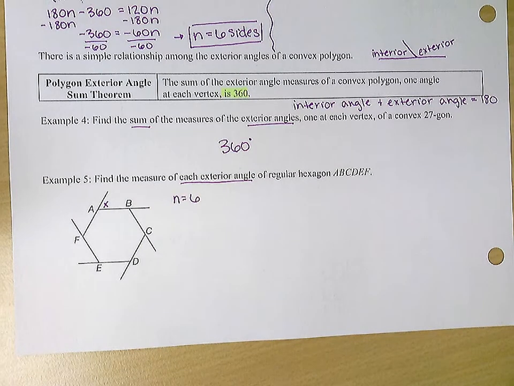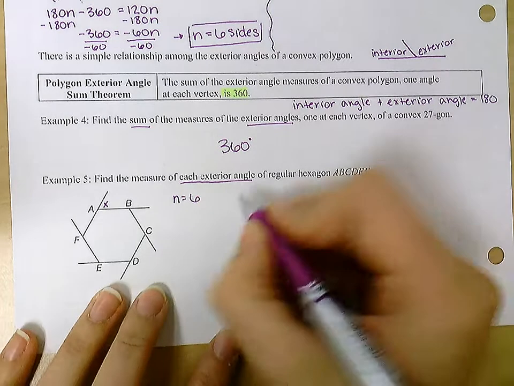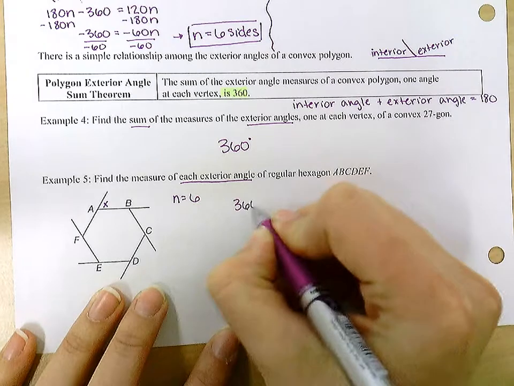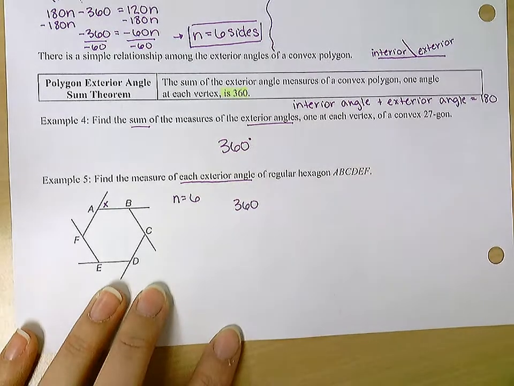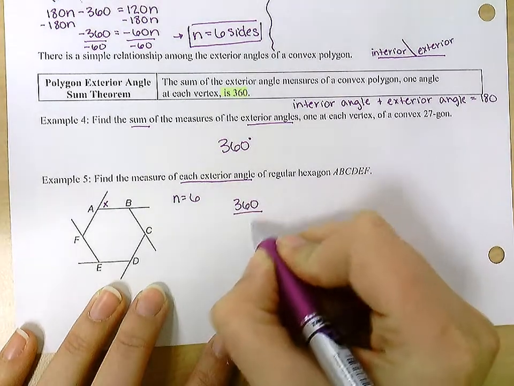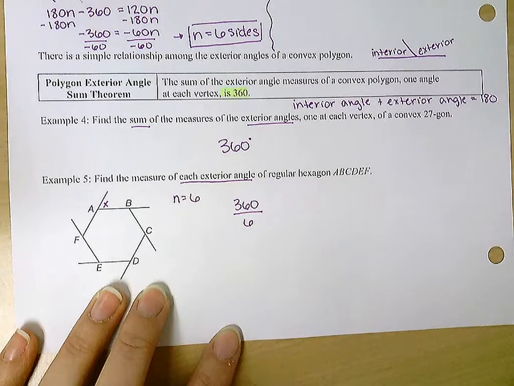So if I know what the exterior sum is, and all of those exterior angles are going to be the same, what could I do with that sum? If all 6 of your exteriors are the same and your sum is 360. You can take your exterior sum and divide by how many angles you have.